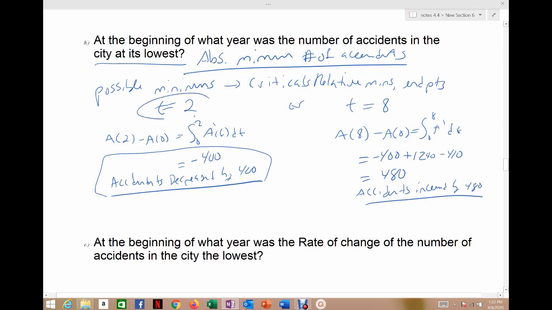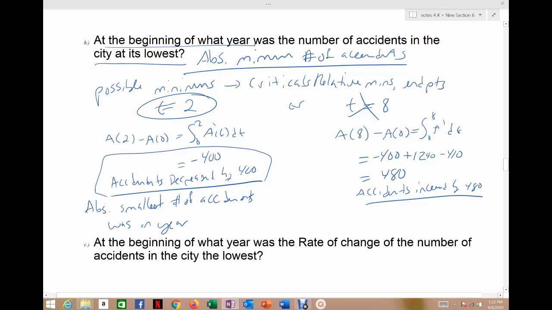So this is my absolute, this is not, and so my absolute smallest number of accidents was in the year, right, the beginning of what year, so I need the year in this case.